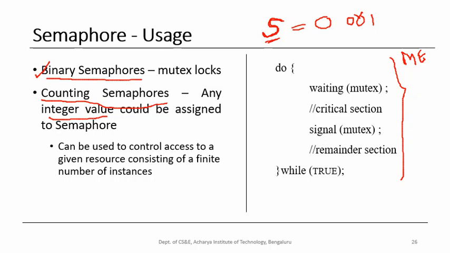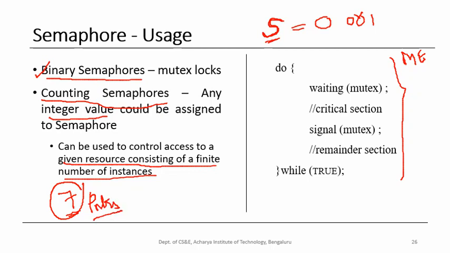It could be used to control access to a given resource consisting of a finite number of instances. Let us say that there are 7 printers connected to a computer system, and the processes are sharing these printers.